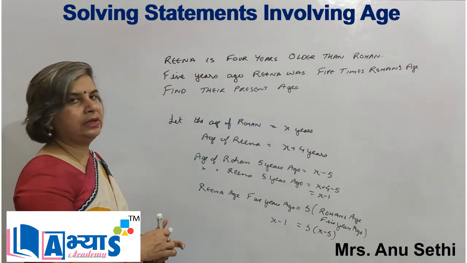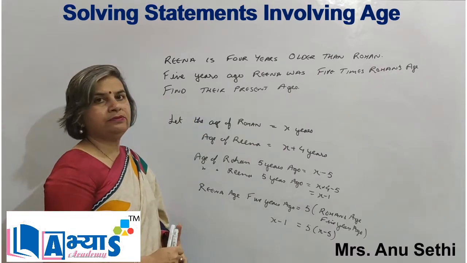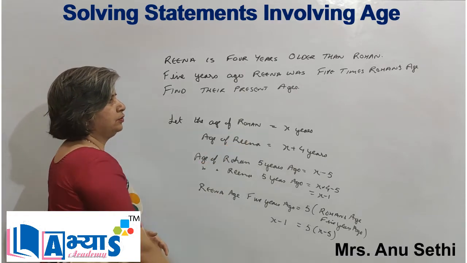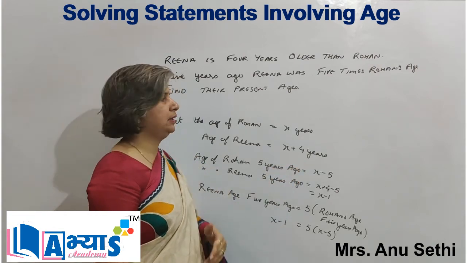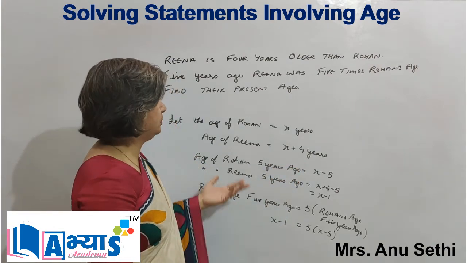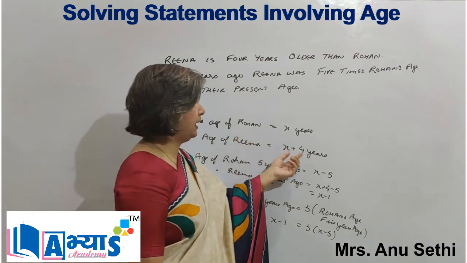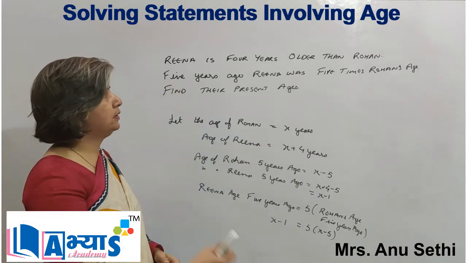So this is how an equation can be formed. Because we are given that Reena is 4 years older than Rohan, we will assume the age of Rohan as x. Then Reena will become x plus 4, because Reena is 4 years older than Rohan, so we will add 4 years to Rohan's age. Now in the second statement it is given 5 years ago.